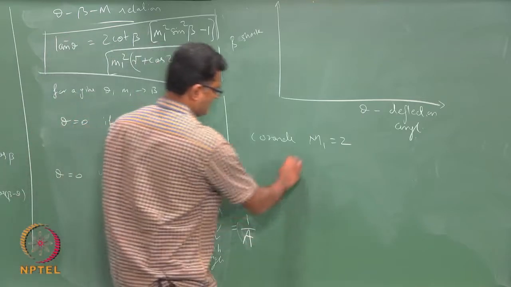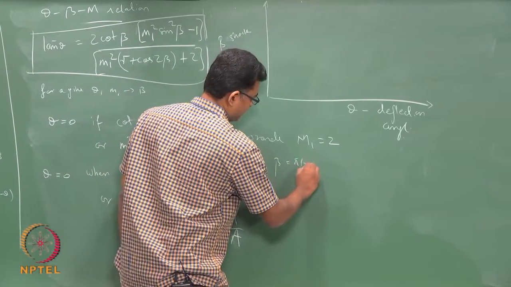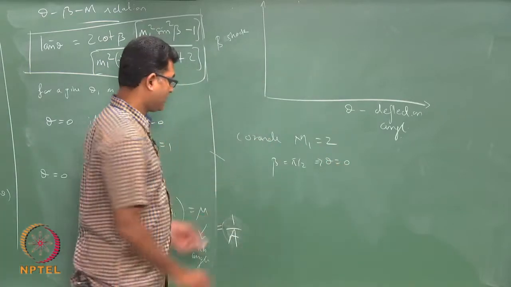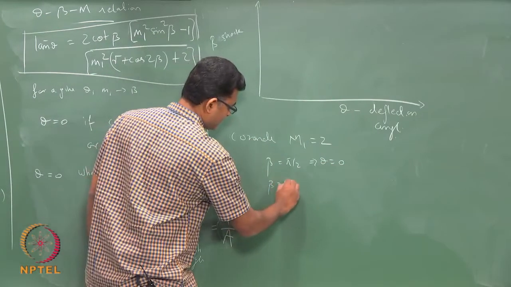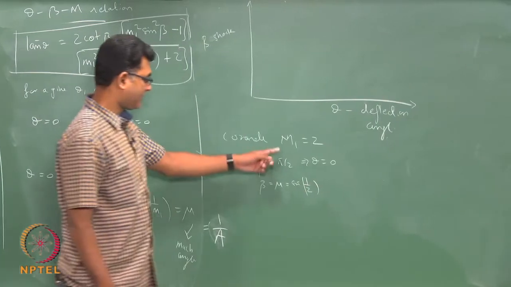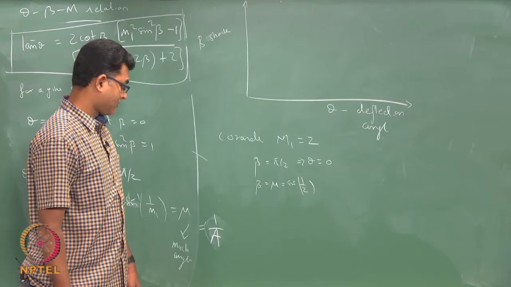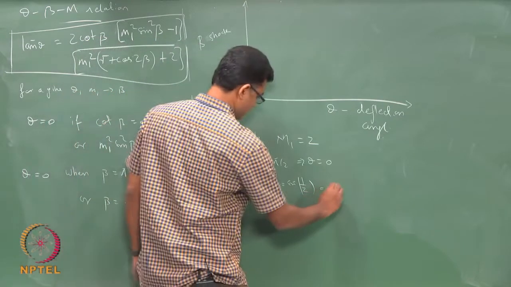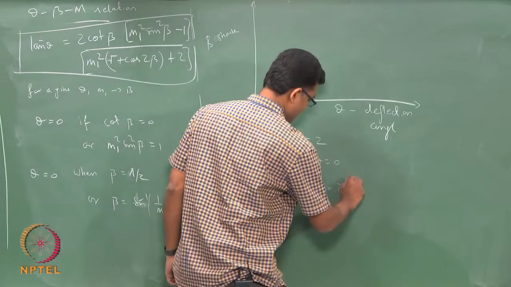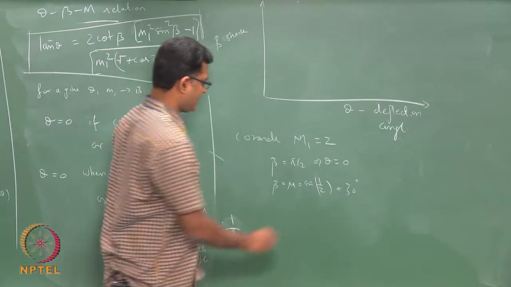First is beta equals pi by 2, there is no theta, and when beta equals mu, which is sin inverse 1 by M1, which is 30 degrees, I have theta equals 0.